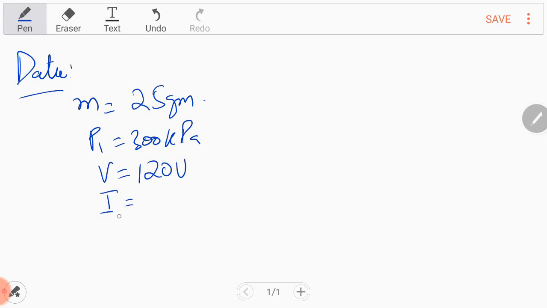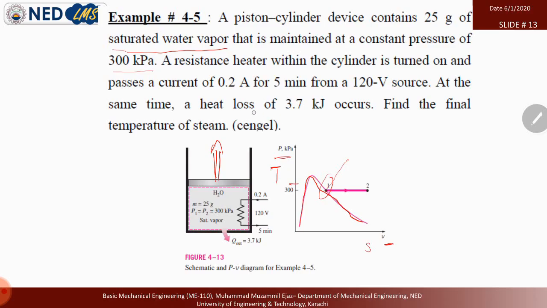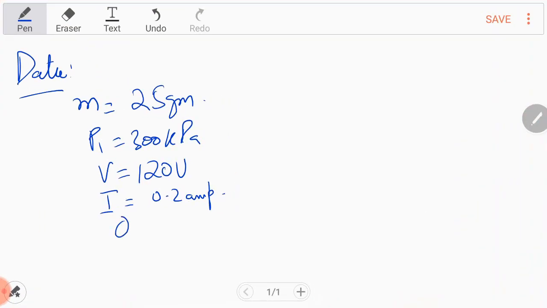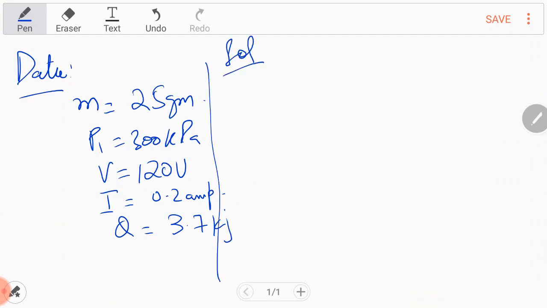Current can be written like this, 0.2 ampere, and Q is 3.7 kilojoules. The heat loss is 3.7 kilojoules. So this is the data, and now we are going to solve the numerical.